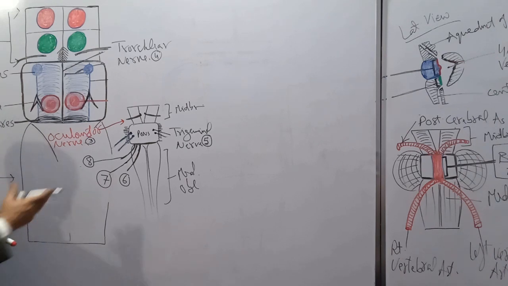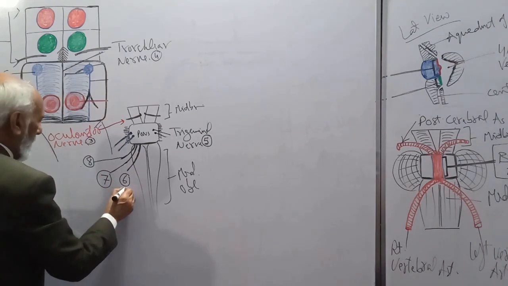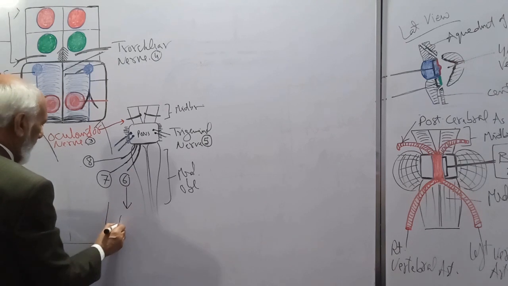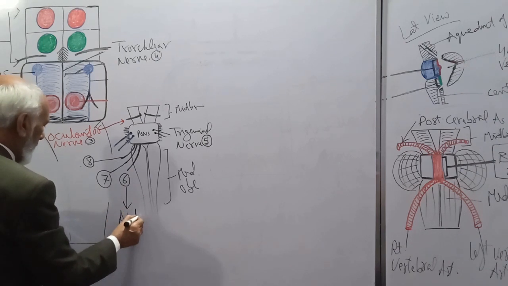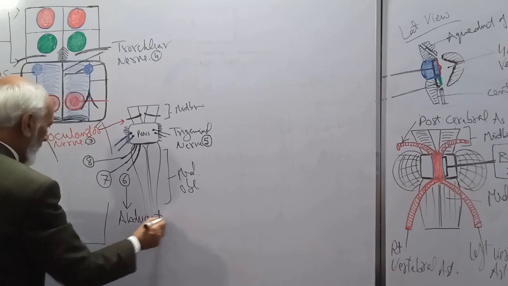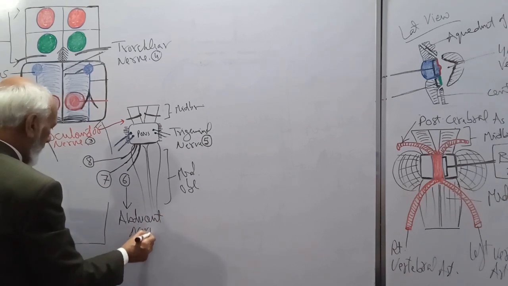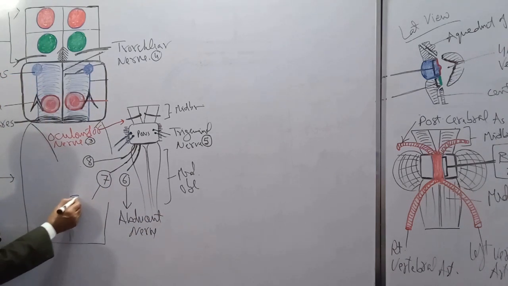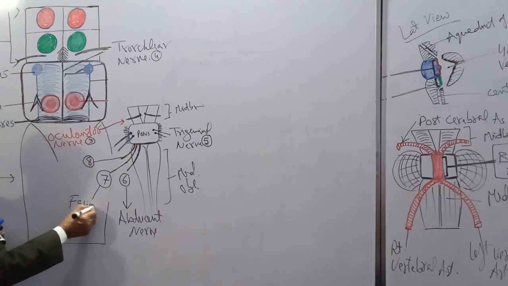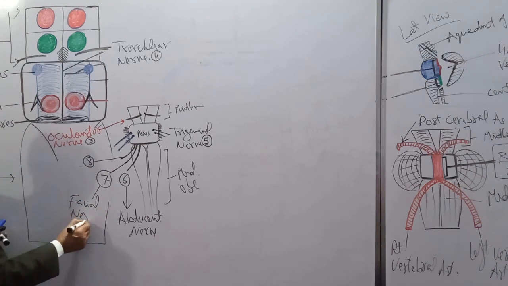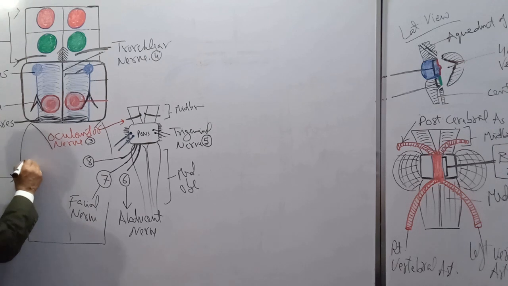Sixth cranial nerve, this is the abducens nerve. Seventh is the facial nerve. Eighth is the vestibulocochlear nerve.